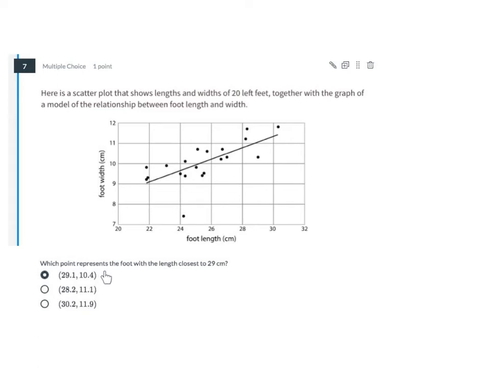So length comma width, and we're looking for 29 as the length, so that's the first number. So, okay, 28.2, 29.1, 28.2, and then 30.2. We want the one that's closest to 29. So that's going to be this point right here. This point is not going to be 28 because 28 is there. It's not going to be 30 because 30 is there. So this one is the 29.1 comma 10.4. And if you look at it, 29.1, 10.4, yeah, that works.